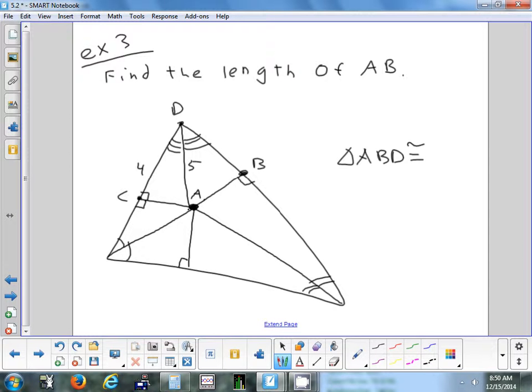Try to name the letters if you can in the right order. So ABD would be congruent to, yep, ACD. So if we could find the length of AC, then that would be the same as the length of AB. And we can. AC, we have enough information to find.